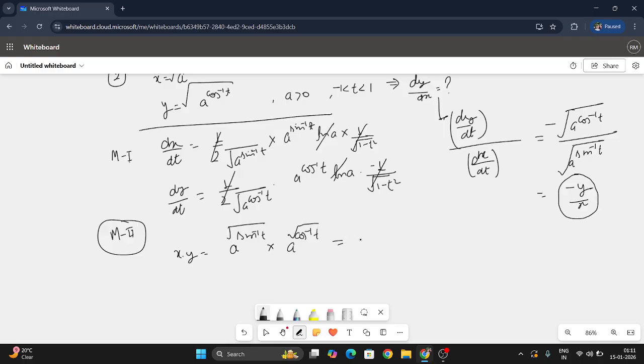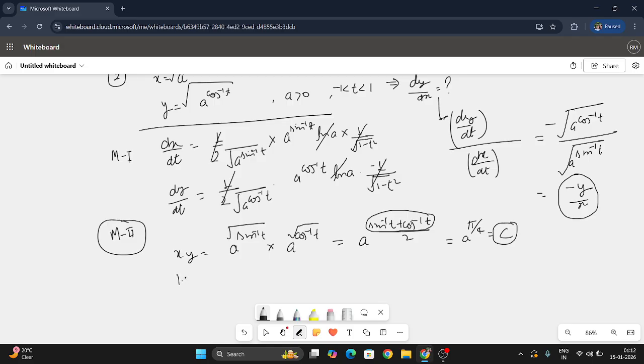So you will get the exponent as sine inverse t plus cos inverse t, by 2, because the root is 1 by 2. Sine inverse x plus cos inverse x is pi by 2. So a to the power pi by 4, which is a constant number.